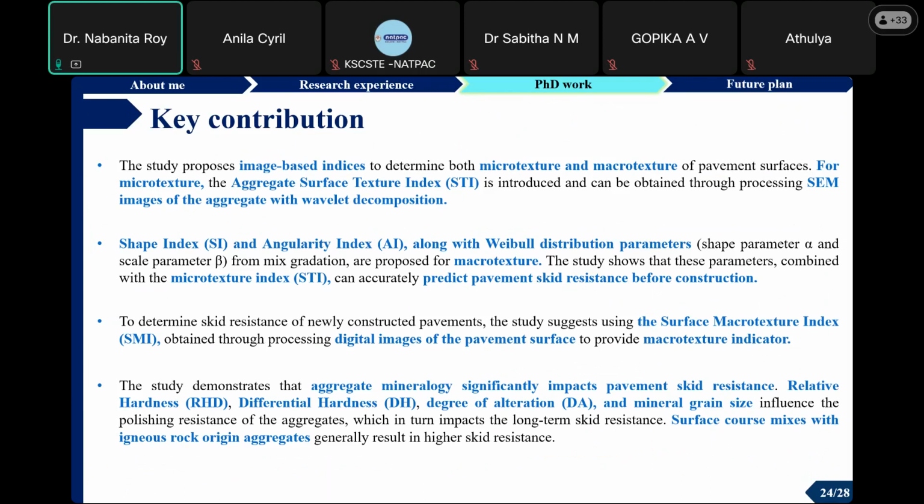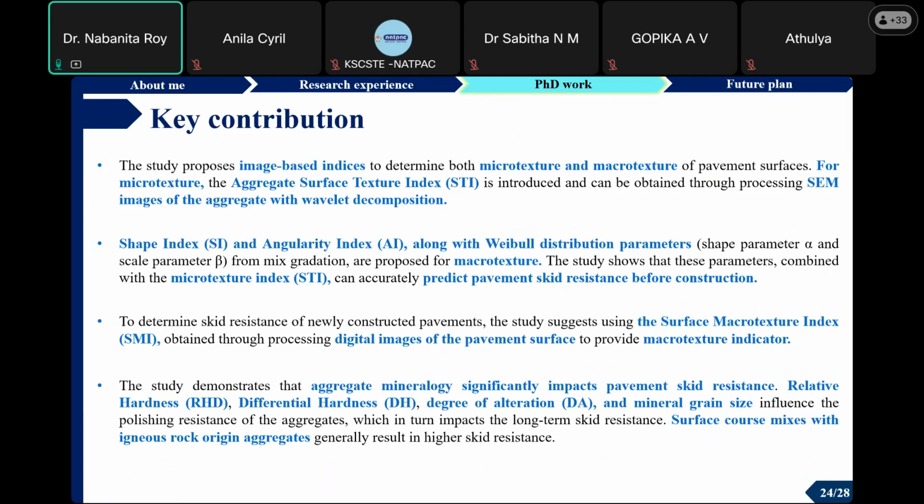Also, the study demonstrated that aggregate mineralogical parameters can significantly impact pavement surface skid resistance: relative hardness, differential hardness, degree of alteration, mineral grain size. They have more influence on polishing resistance of aggregate, and also the long-term skid resistance.